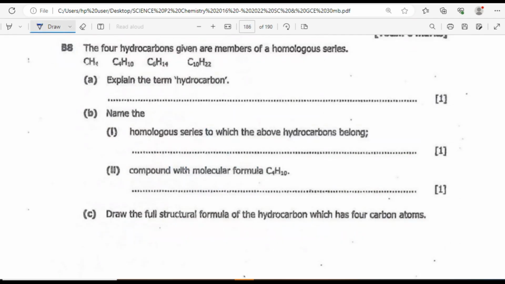Okay, so now the 4 hydrocarbons given are members of a homologous series. Explain the term hydrocarbon. So these are molecules which contain hydrogen and carbon atoms only.